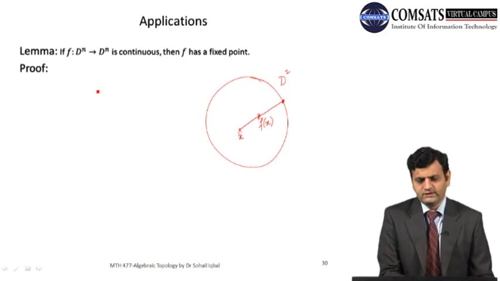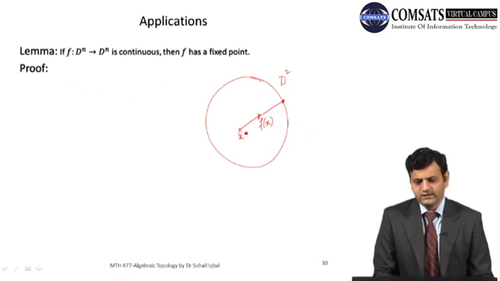Consider the following image. If for each and every x, x and f of x are different, then we can define this map.